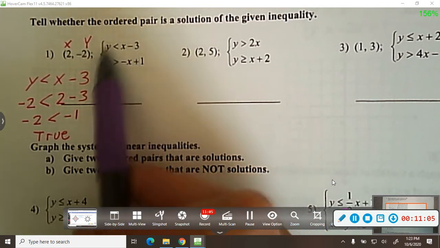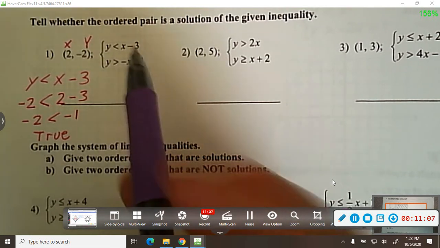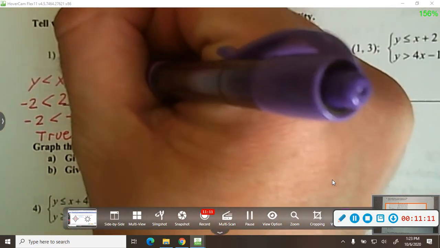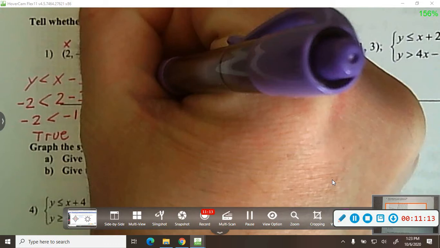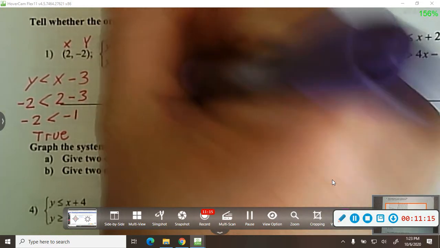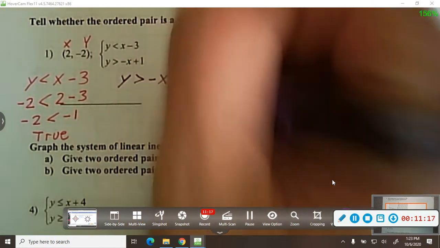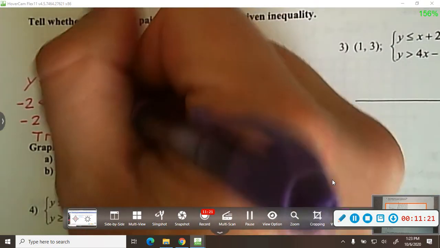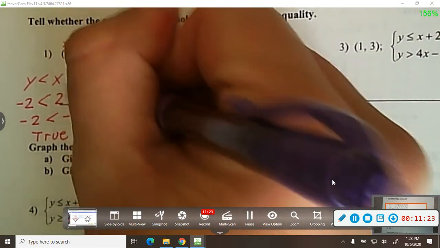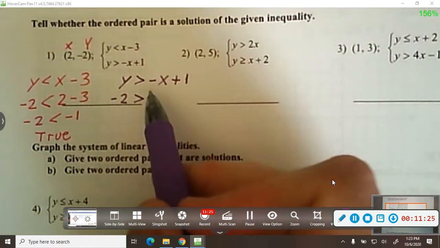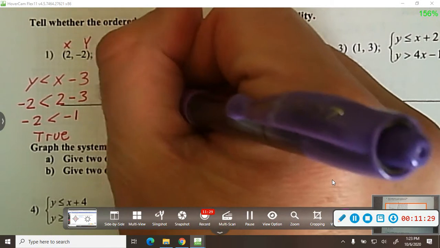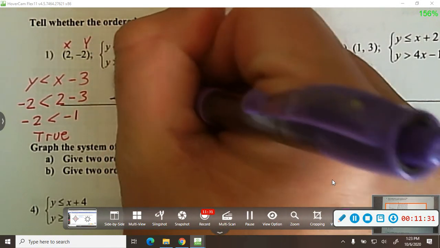But in order to be a solution to the system, it has to work for both. So now we need to plug it into the other one. And the other one is y is bigger than negative x plus 1. So substituting y is negative 2. Is negative 2 bigger than negative x? X is 2, so that'd be negative 2 plus 1.